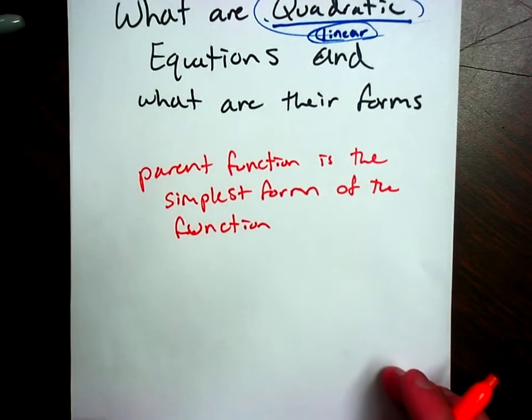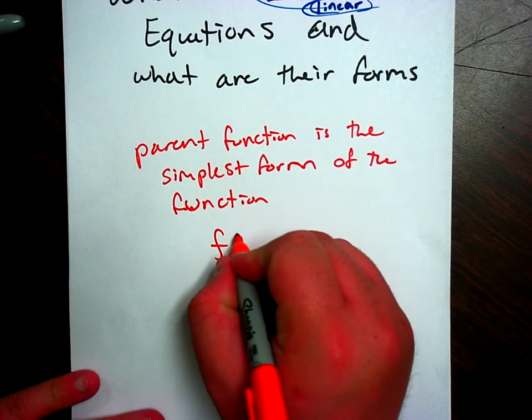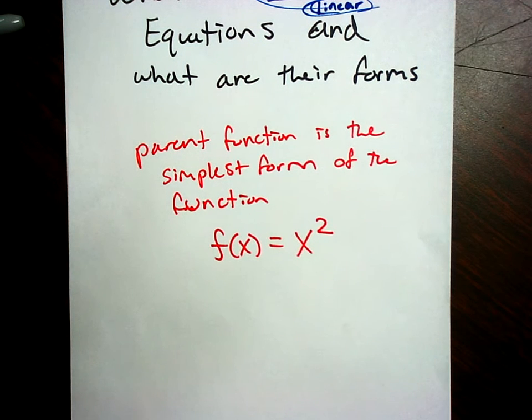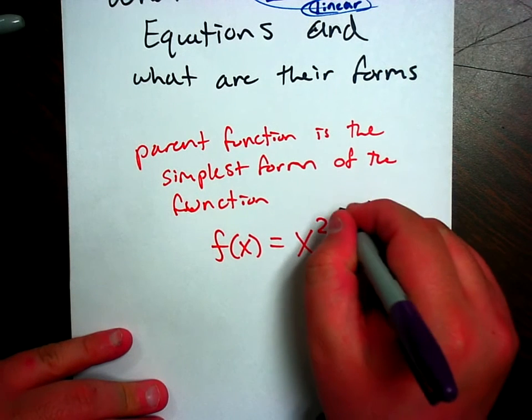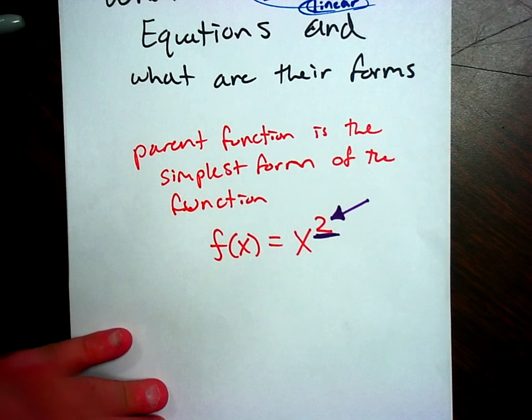So the parent function for a quadratic is going to be just as simple as it gets: f of x equals x squared. So what makes a quadratic function quadratic is this thing right here, that squared term. That's what makes a quadratic function quadratic.